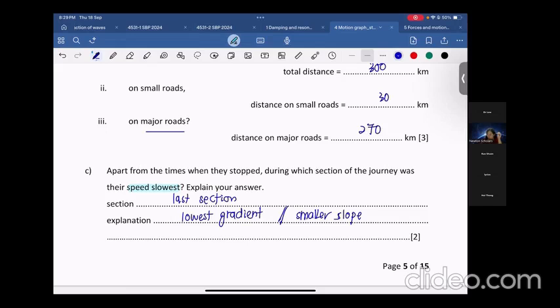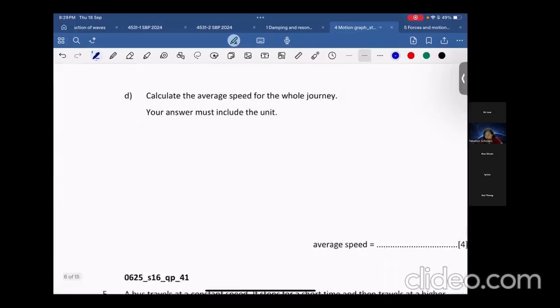Boys and girls, write down, do it, and then tell me. Calculate the gradient. Calculate the speed, average speed.